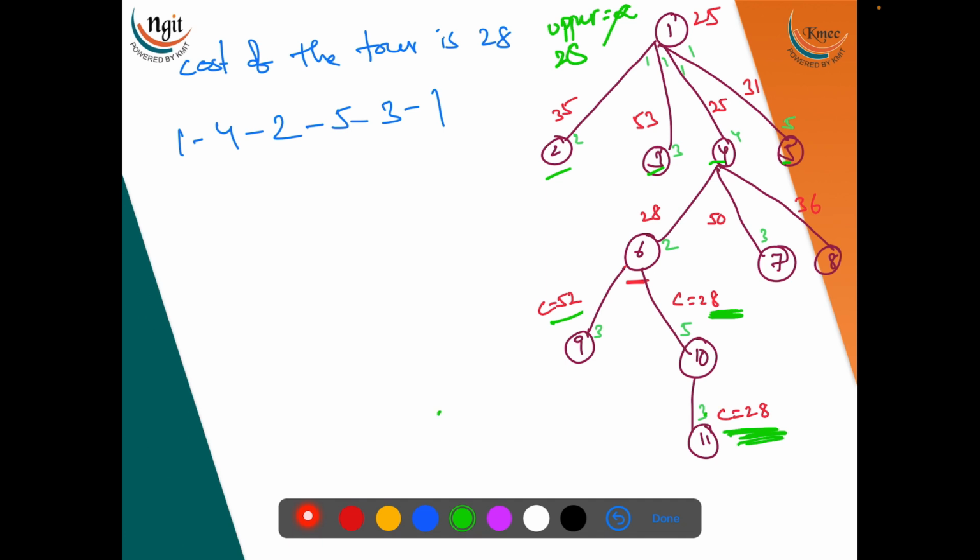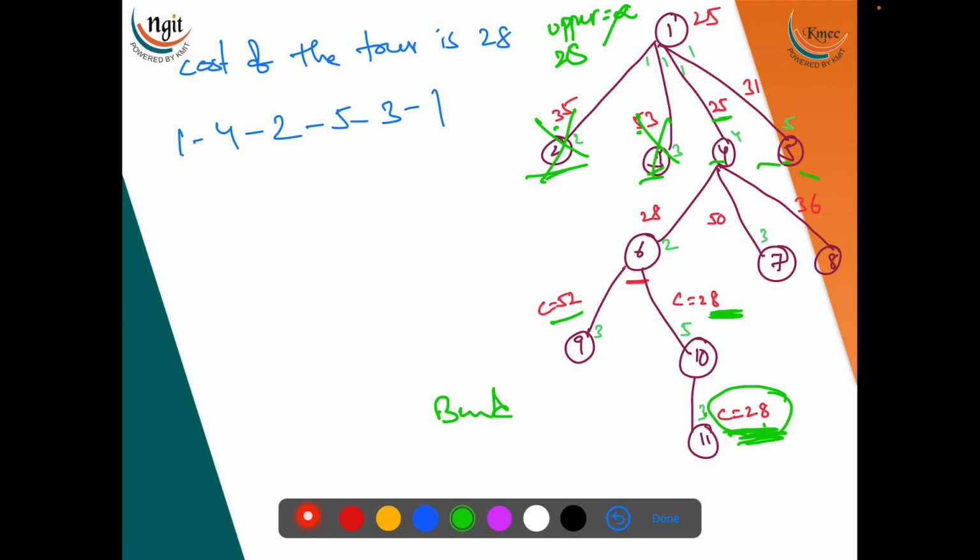Now, according to the bound function, if the cost of the solution is greater, if all the node values are greater, then we apply the bound function. So 35 is greater than 28, kill it. 53 is also greater than 28, kill it.